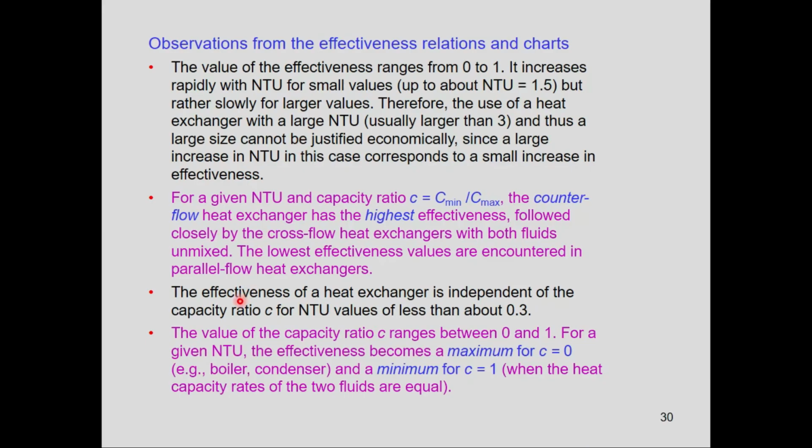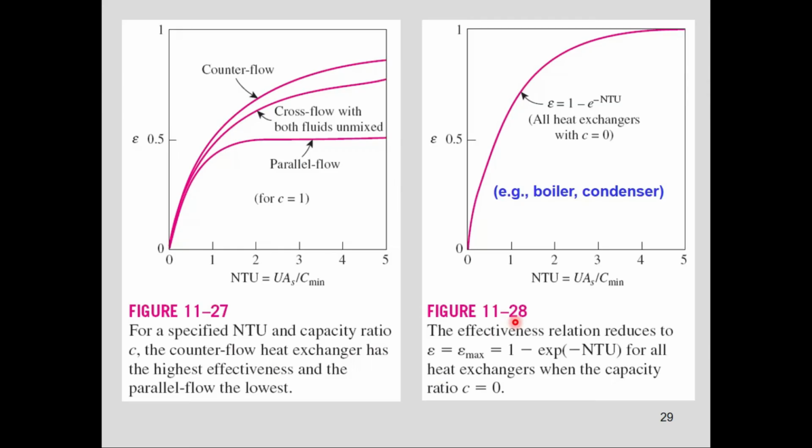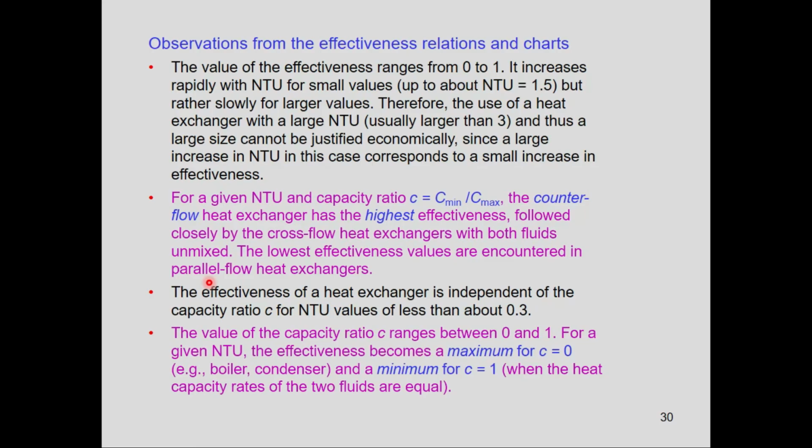The third point is that the effectiveness of a heat exchanger is independent of the capacity ratio C for NTU values less than 0.3. This is the case over here.